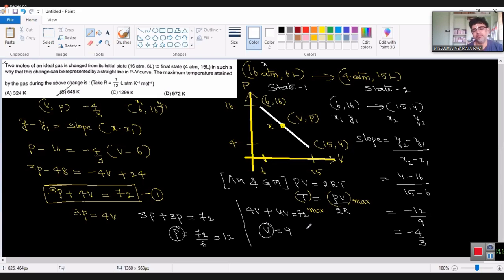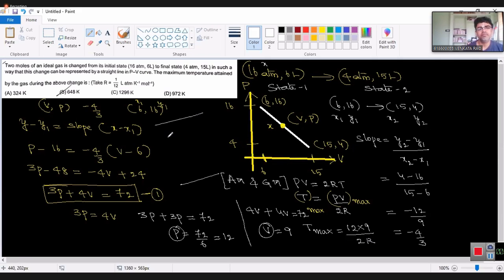Then what is the product of PV, or what is the T max? T max is equal to the product of PV, that is 9 into 12, divided by 2R. And what is the value of R?